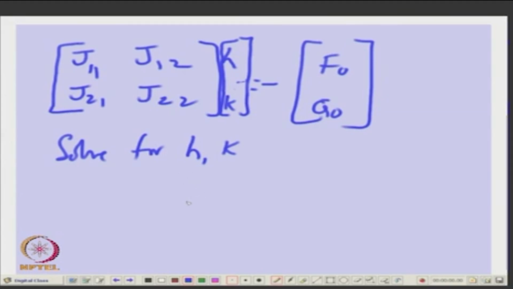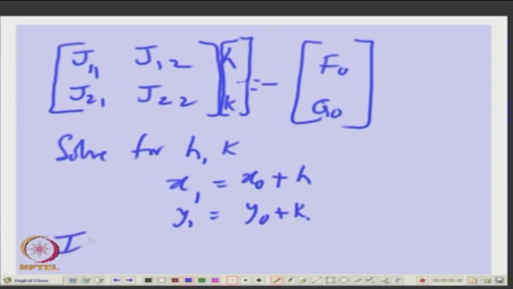So, you will know that the original value x naught will now become x1, which will be equal to x naught plus h, and y1 will become y naught plus k, is it not? So, you have now gone to the new value. Then repeat or iterate.